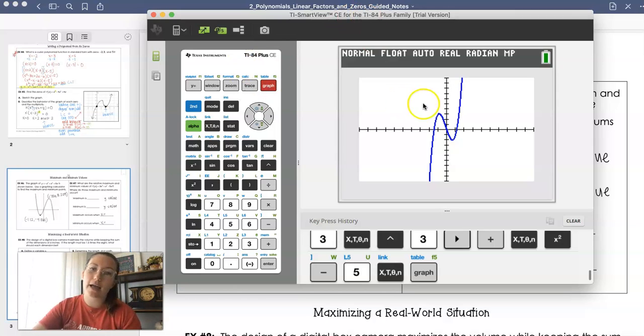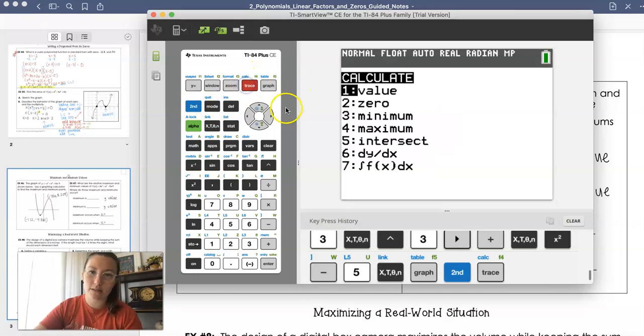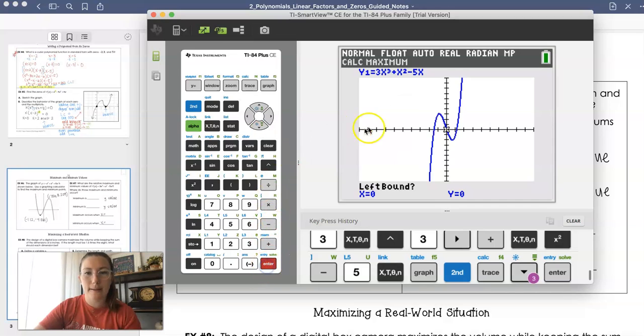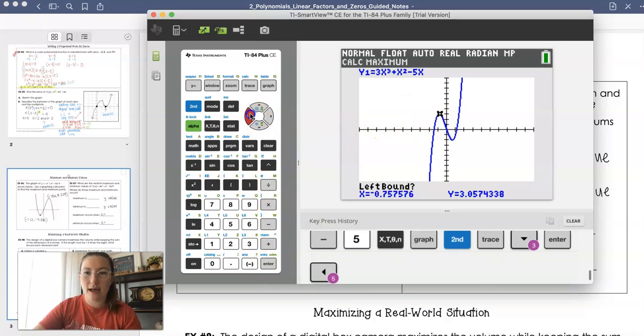Okay, and then we're going to calculate this maximum first. So we go second calc or trace. We go down to max. Okay, are we to the left of the max? Now I am. Go to the right of your max and press enter one more time.